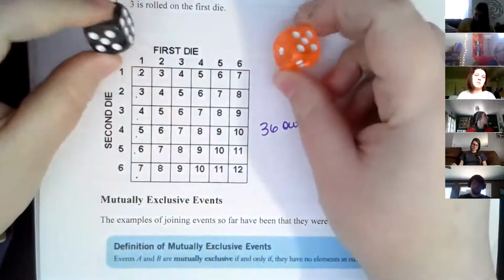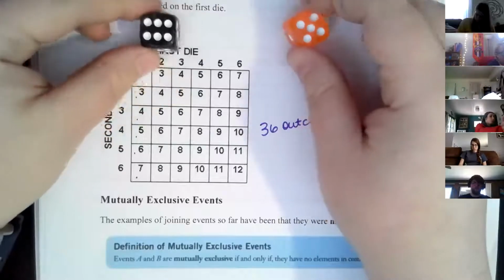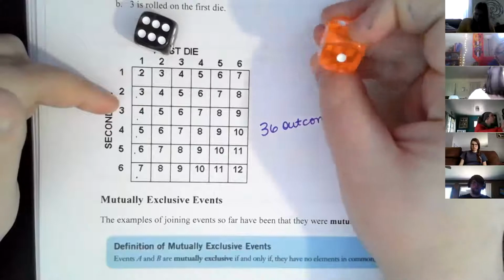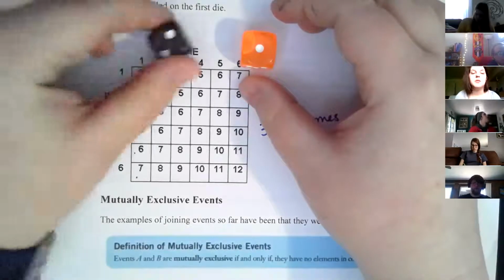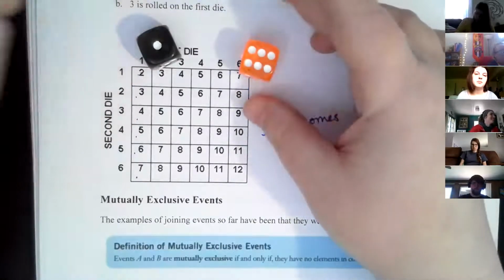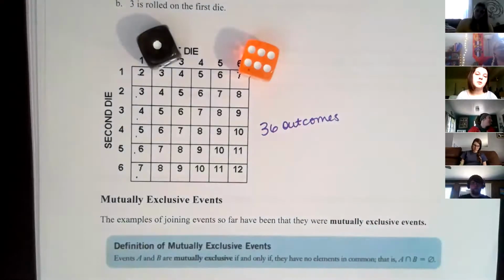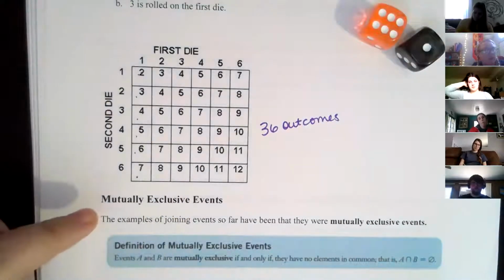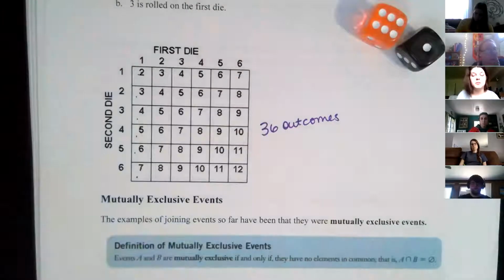Counting a 6 on the first die and, say, a 1 on the second die is definitely different than rolling a 1 on this die and then a 6 on that die. So they're going to be different. But the way that, say, a 7 can happen definitely has a higher chance of happening, right?